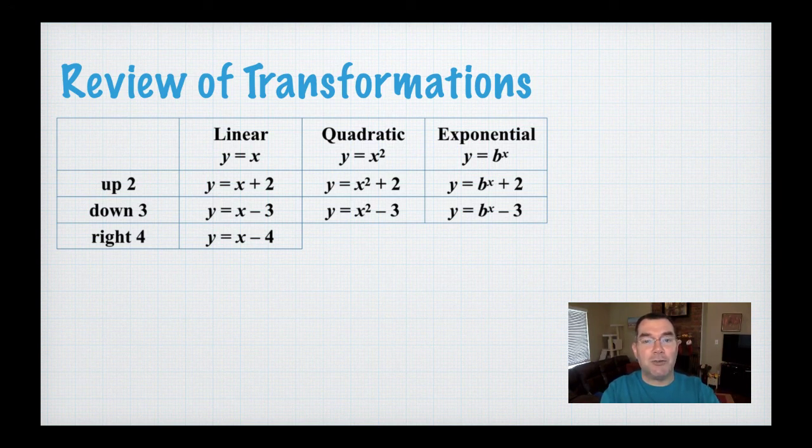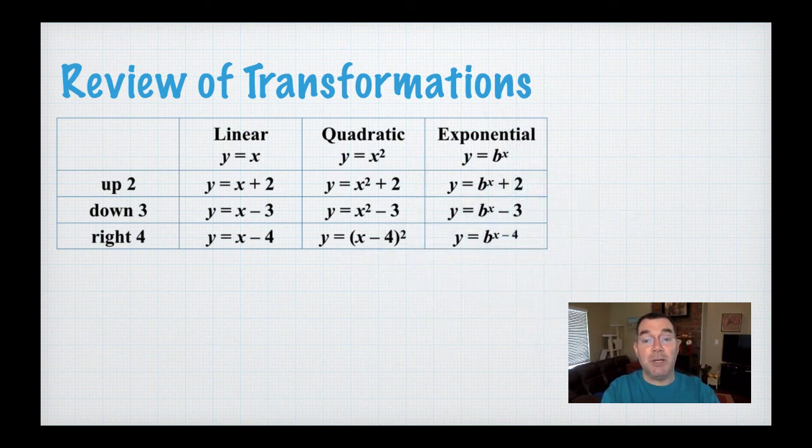When you're dealing with quadratics, however, there is a bit of a change because remember, if I'm moving right 4, I have to subtract 4 from just the x part. So the quadratic looks a little bit different. That x minus 4 is going to be in parentheses and the whole thing is going to be squared. With exponentials, again, if I'm moving right 4, I subtract 4 from just the x part.